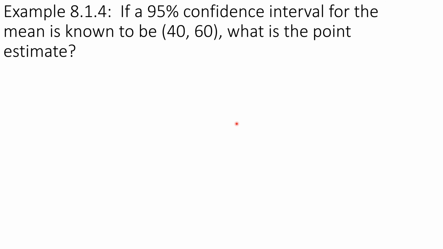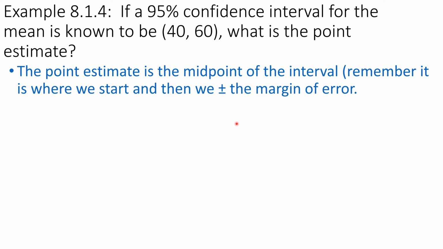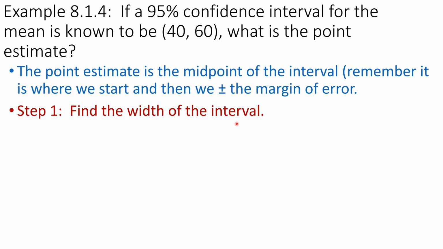If a 95% confidence interval for the mean is known to be 40 and 60, what is the point estimate? The point estimate is the middle point of the interval. Step 1, we can find the width of the interval. It is calculated as the upper bound minus the lower bound.